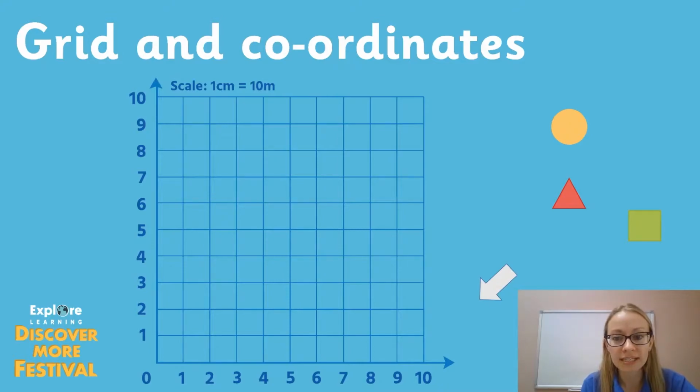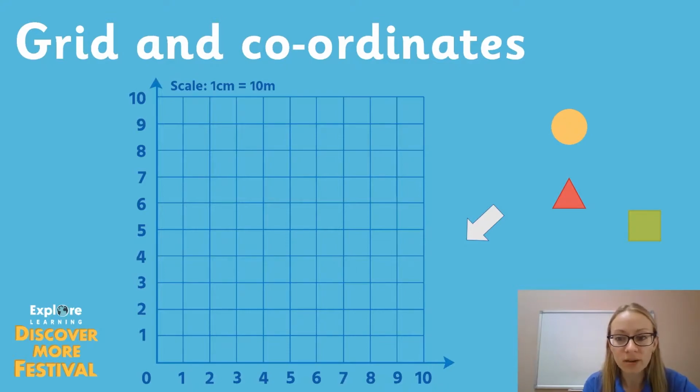Now the grid is made up of horizontal and vertical evenly spaced lines as well. So we see here we've got other horizontal lines going across the grid, and other vertical lines going up and down the grid as well. And placed on both of the axes are numbers, and these are really useful for us if we want to start to give the coordinates, so the location of different features on the map.